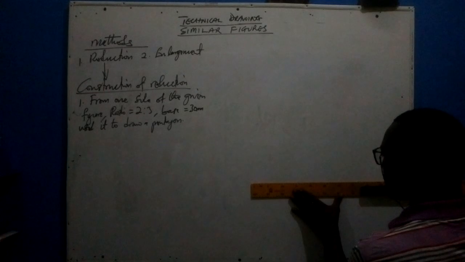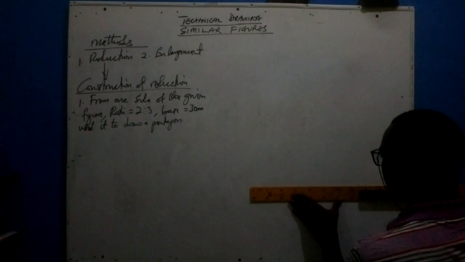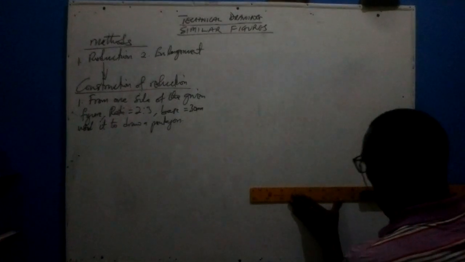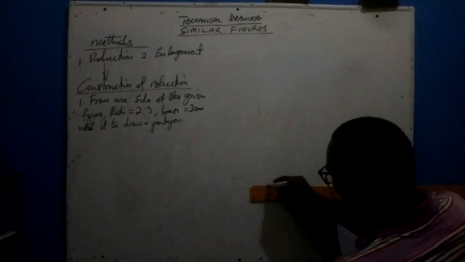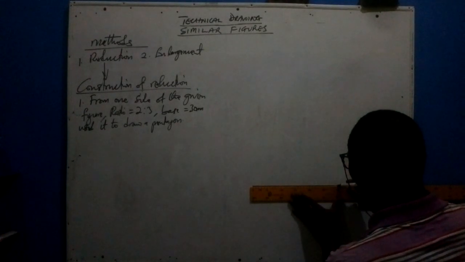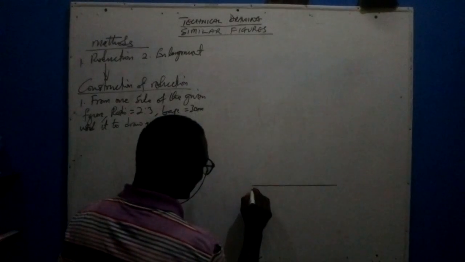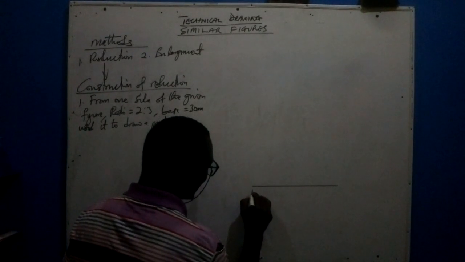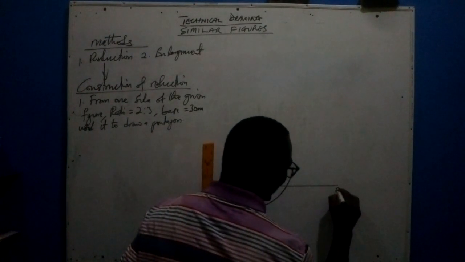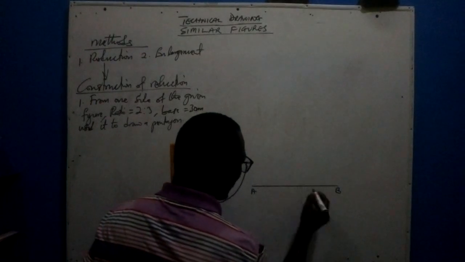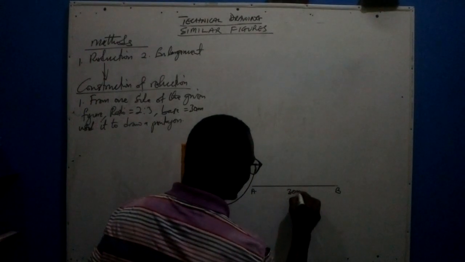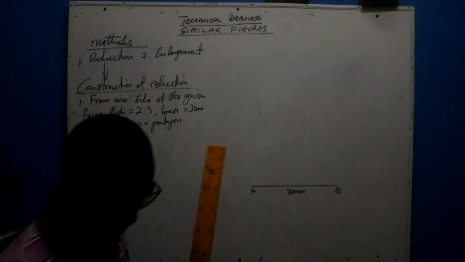I have taken my rule. I've measured my 30. Now I want to name it point A, point B, 30 millimeters.